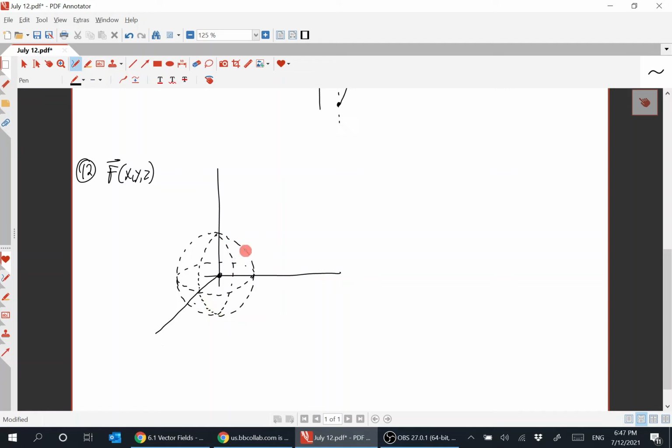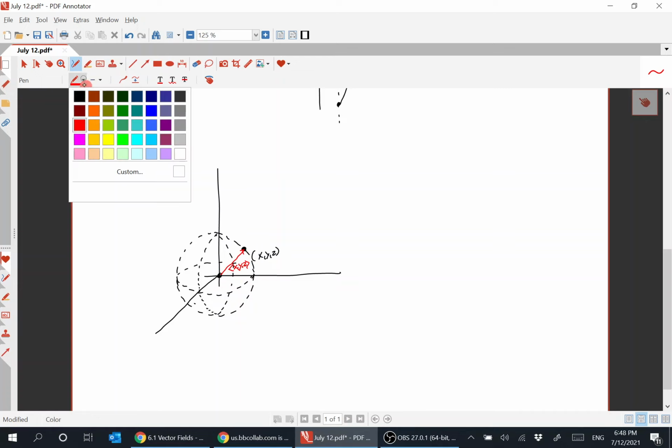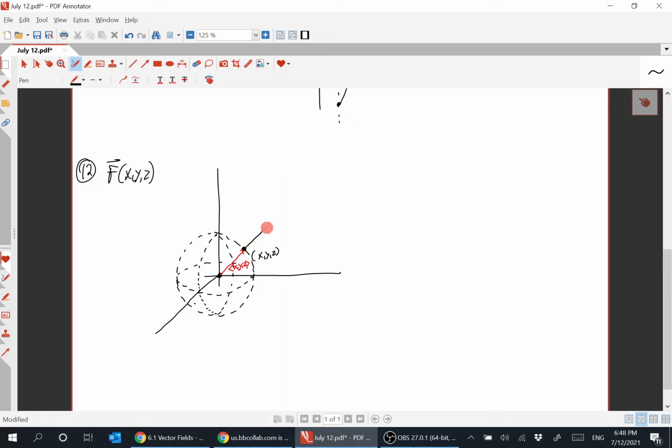So at any given point x, y, z, on any sphere of whatever radius around the origin, the vector <x, y, z> with its tail at the origin is right there. It's the radius of that sphere from the origin to that point. And now the vector field is just that same vector moved to the point x, y, z.